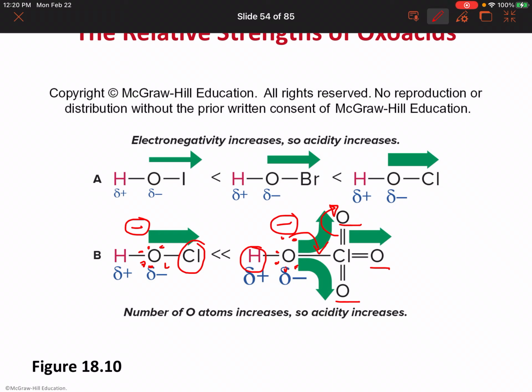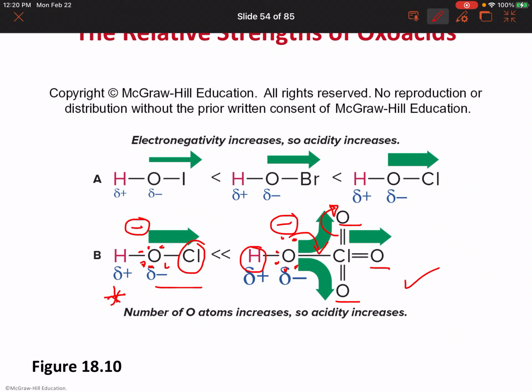Okay, that will make the perchlorate anion resulting from perchloric acid more stable compared to the hypochlorite anion. So this one is going to be stronger compared to hypochlorous acid, this one over here.